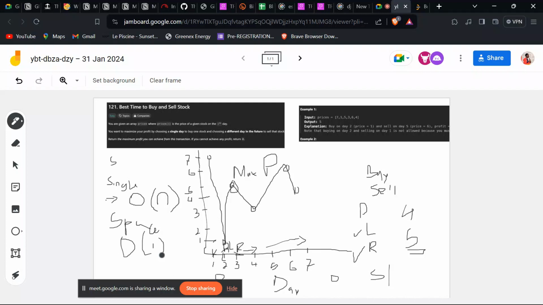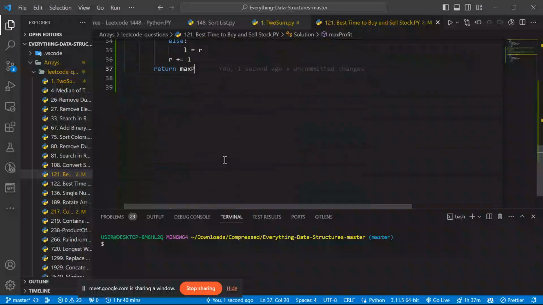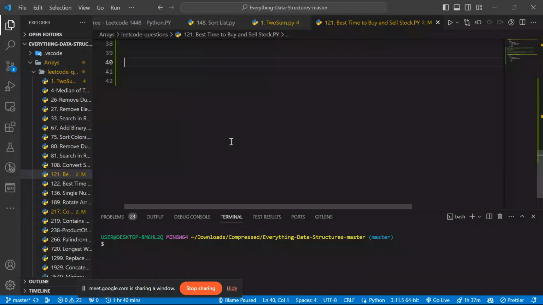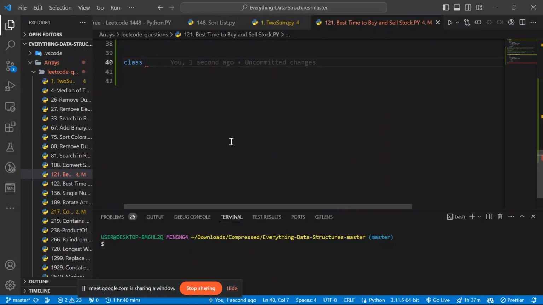So I'll go ahead and write the entire code so that we can see it, since I'd done it earlier. Let me see if I can remember everything that I did. In the LeetCode way, we normally instantiate a class that will encapsulate the entire code, and then we define a method.